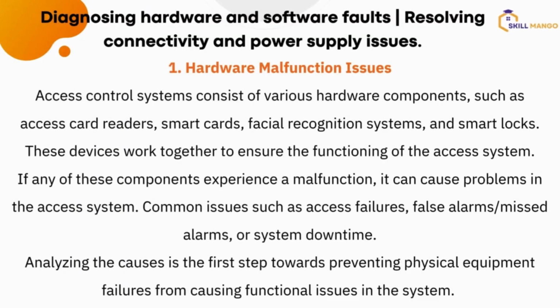All right, so you have to understand the hardware. It also malfunctions. We're talking about diagnosing hardware and software faults, which is resolving connectivity and power supply issues. These are common issues that you have to face on site. You cannot run from them. But the secret is planning your power from the onset.